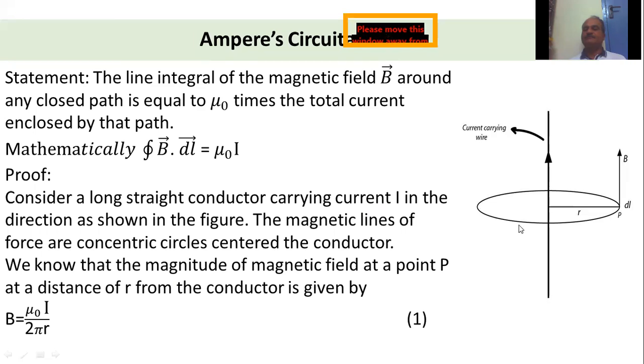We know that the magnitude of the magnetic field at a point P at a distance r from the conductor is given by B equals mu naught I divided by 2 pi r. So this we have to prove.